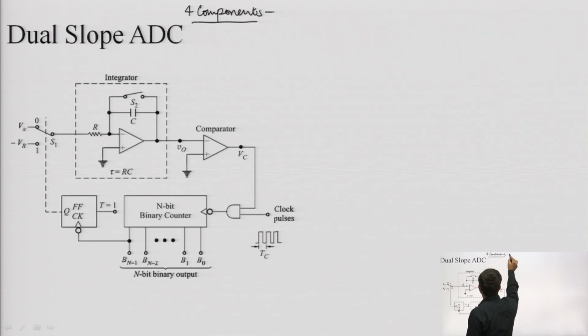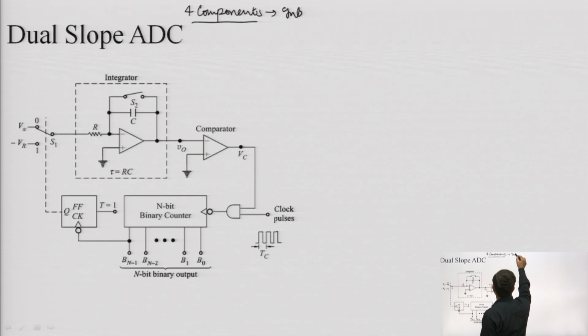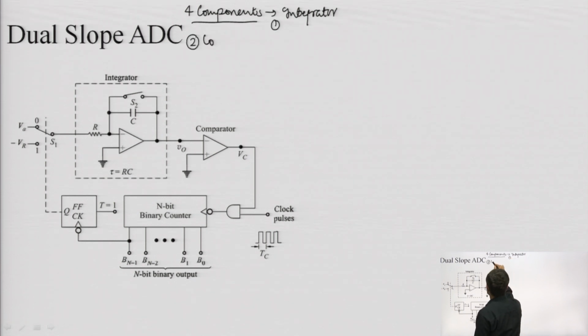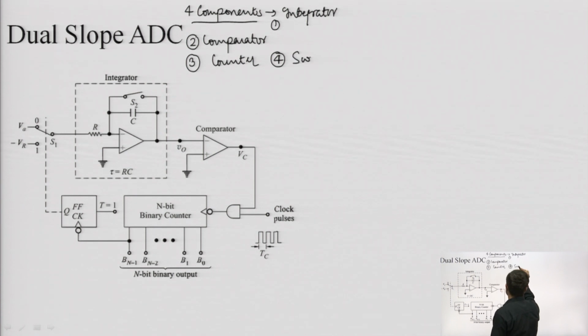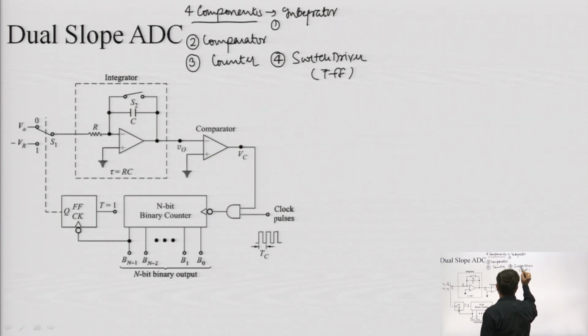These 4 major components are: first, the integrator; second, the comparator; third, the counter; and fourth, the switch driver. Here a T flip flop is acting as the switch driver. So let's start with the operation.